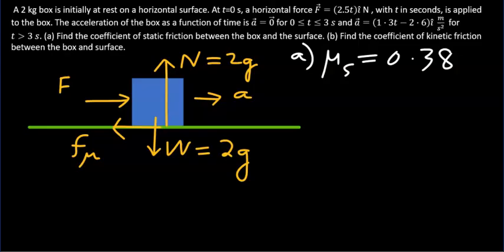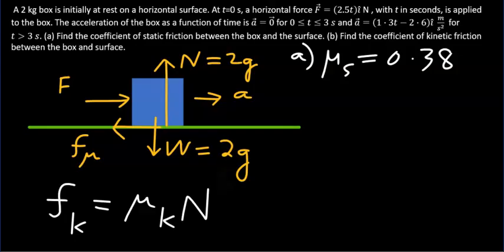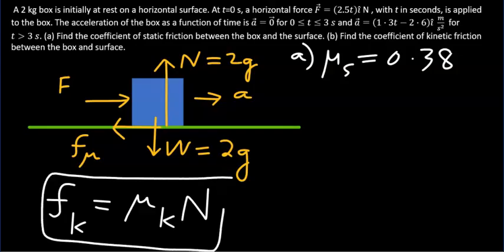Now let's look at part B. We need to determine the coefficient of kinetic friction. Kinetic friction, given by F sub k here, is equivalent to the coefficient of kinetic friction times the normal force. So kinetic friction is actually given by an equality instead of an inequality like we saw for static friction. We also note here that kinetic friction acts on a body when the body is in motion.